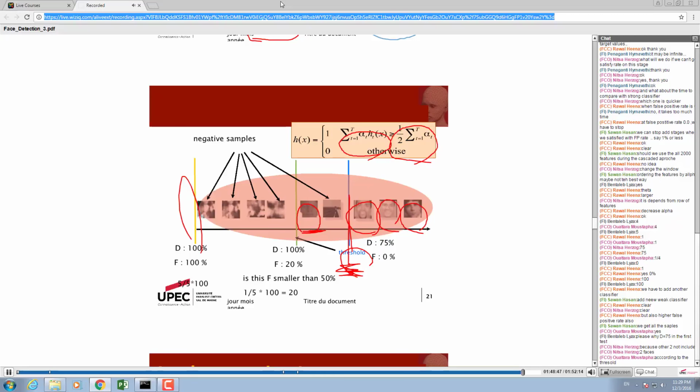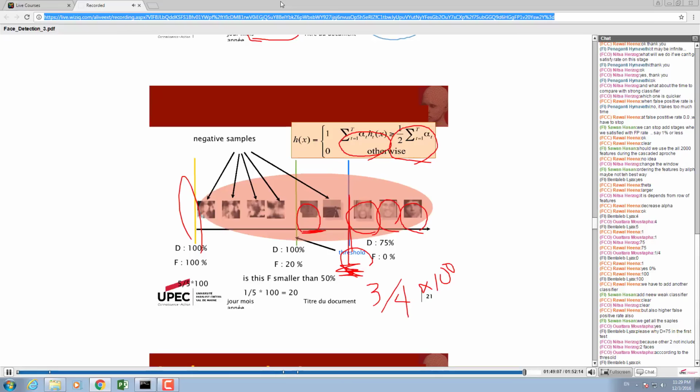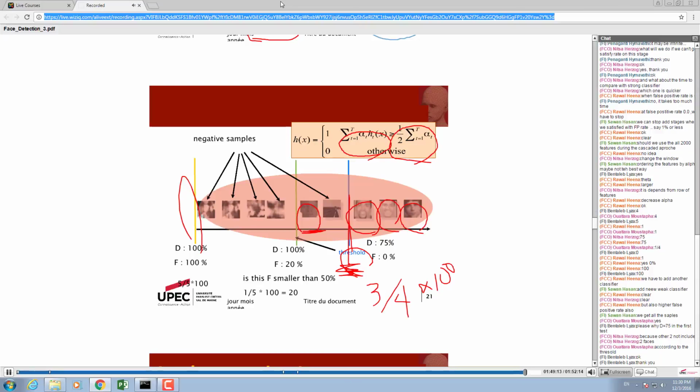It means the true positive rate is 3 over 4 multiplied by 100, which is 75%. Is it clear now?